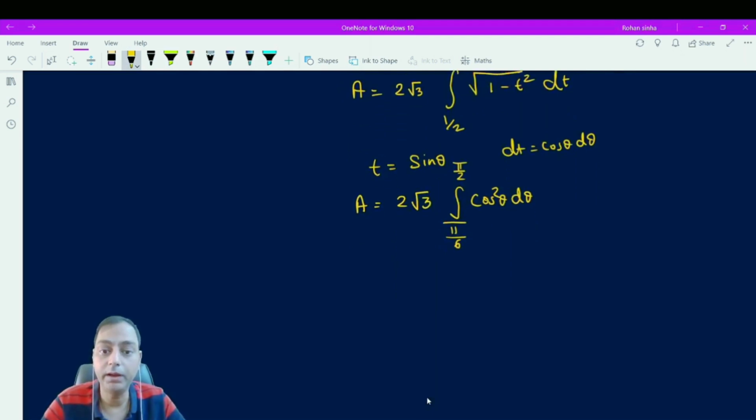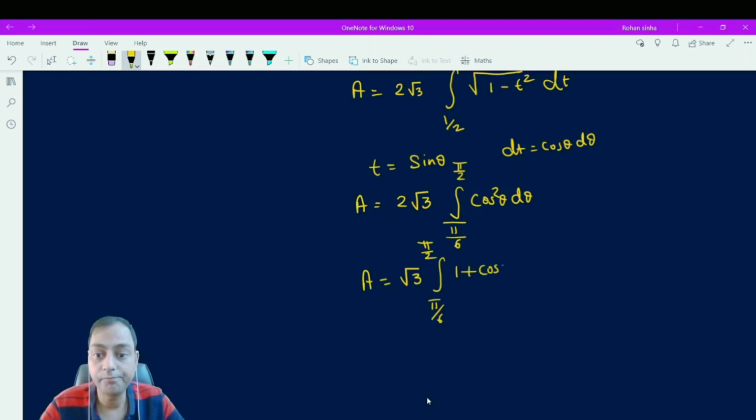So the required area is root 3, 2 cos square theta simply, right? Limit is from pi by 6 to pi by 2, 1 plus cos 2 theta d theta. So if we calculate this further, we find this is root 3 times (theta plus sine 2 theta whole divided by 2), limit from pi by 6 to pi by 2.